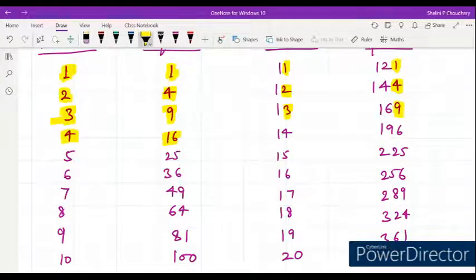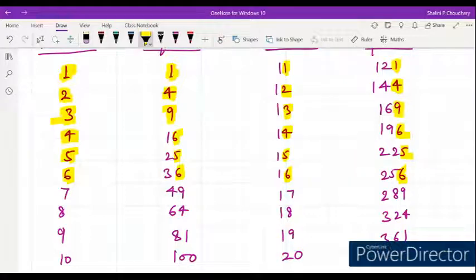So 14 also ends with 4, so the ones place of the square of 14 will be 6. Got it? So 5 will always give 5: 25, 15 squared also ends in 5. Here 6 gives 6.